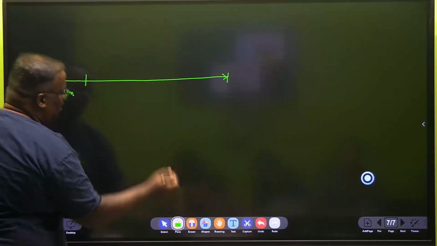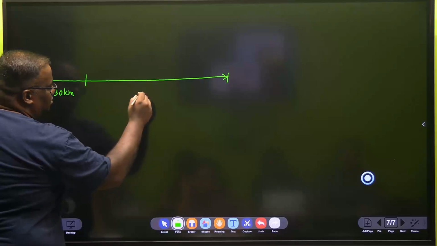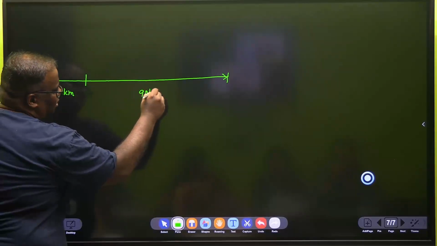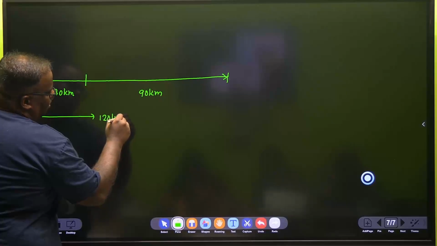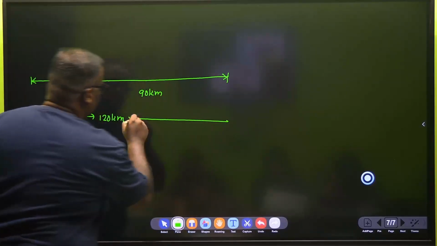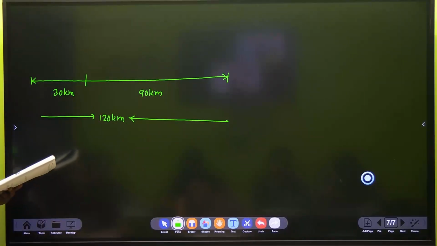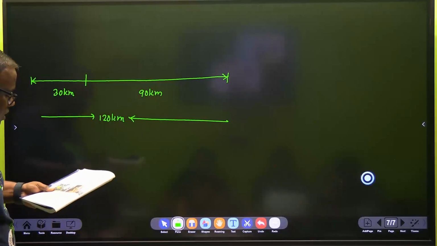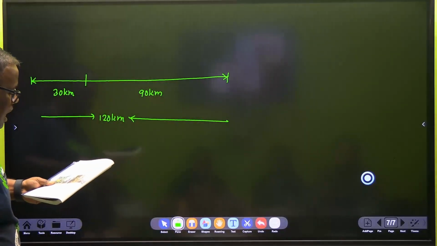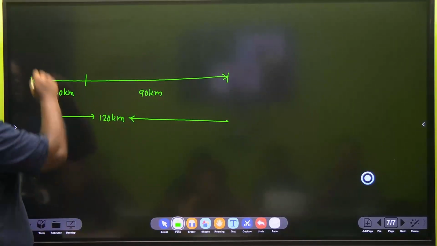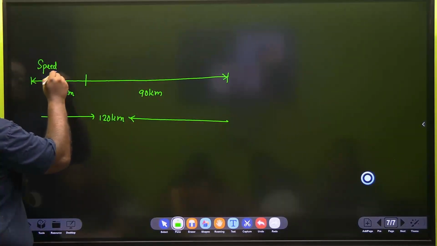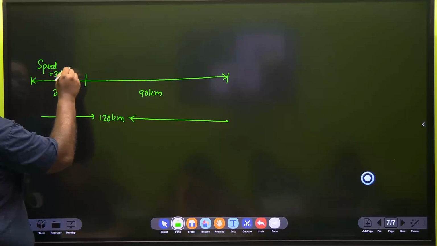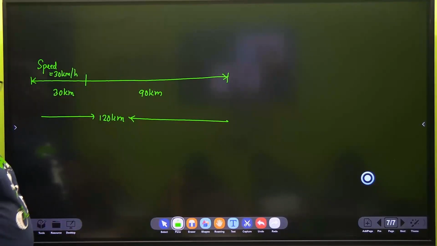How much should be the balance track? 90 kilometers, because overall, how much is it? 120 kilometers. Right. A train travels the first 30 kilometers at a uniform speed. Here, the speed that the train is maintaining is 30 kilometers per hour. Right?